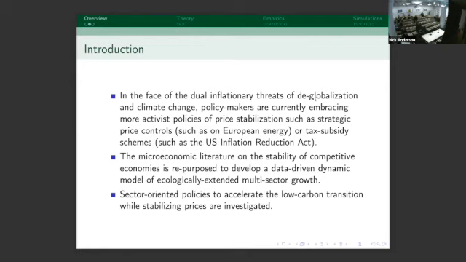And now we also have the Inflation Reduction Act, which is trying to use tax subsidy schemes not only to have decarbonization, but also to reduce prices. And maybe by seeing how you actually have economic growth and also low inflation in the US, maybe it's the path to go.